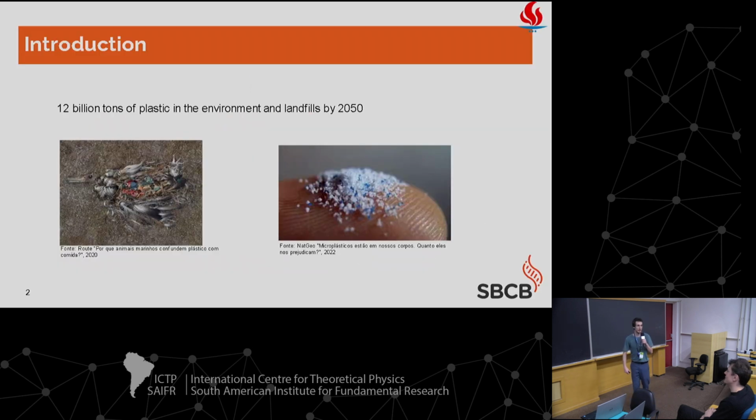Plastic pollution is a big issue globally because plastic residues are found almost in every environment and can also be found in some human tissues. And by 2050, 12 billion tons of plastic will be found in the environment and landfills. So this is kind of a big problem.